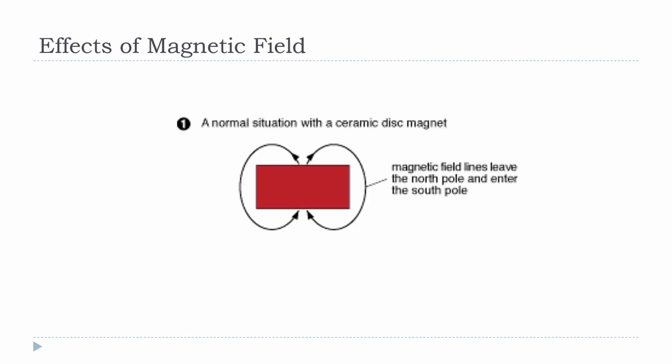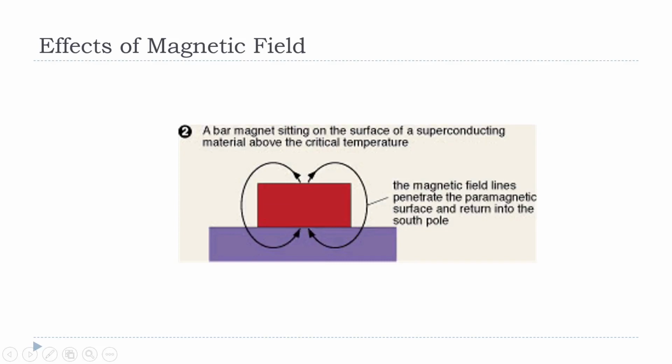In a normal situation with a ceramic disc magnet, the magnetic field lines leave the north pole and enter the south pole. When it is sitting on the surface of a superconducting material above the critical temperature, at room temperature, the field lines can pass through this material and then close the loop.